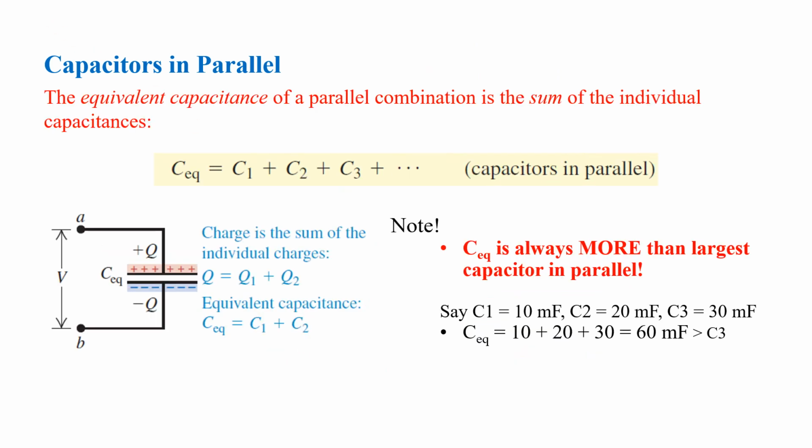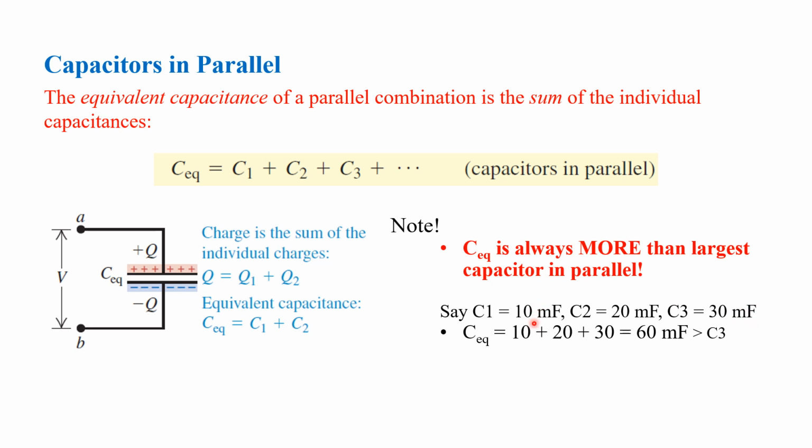Again, what you have here is the equivalent capacitance of a parallel combination, which is the sum of the individual capacitances. Take note that C equivalent is always more than the largest capacitor in parallel. Say, for example, we go back to our three capacitors: C1 10 millifarads, C2 20 millifarads, and C3 30 millifarads.